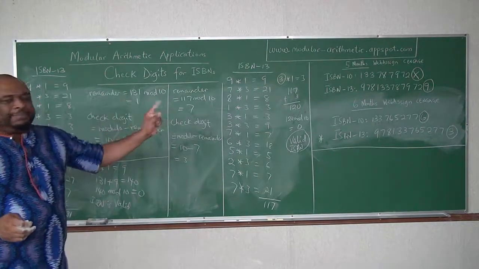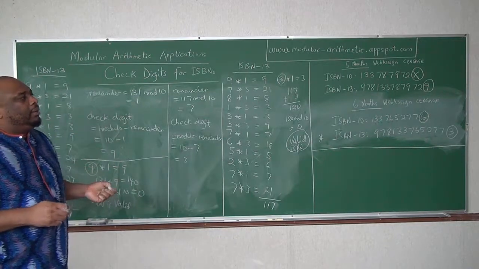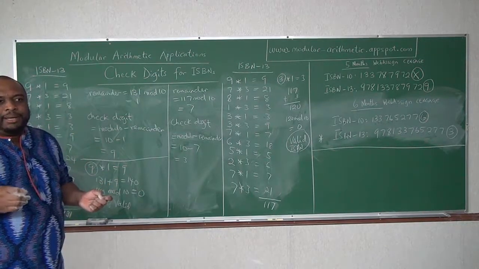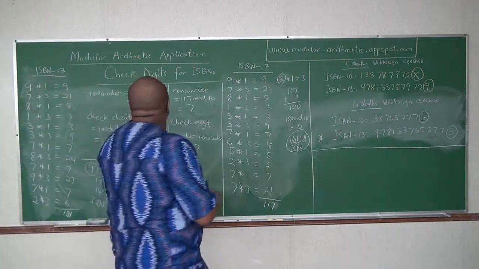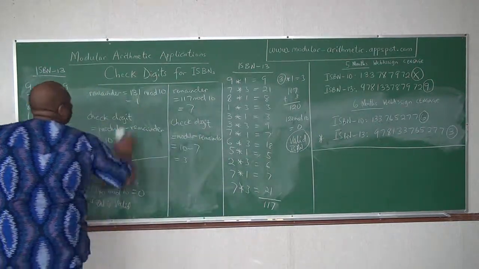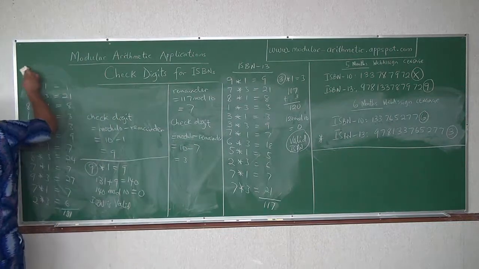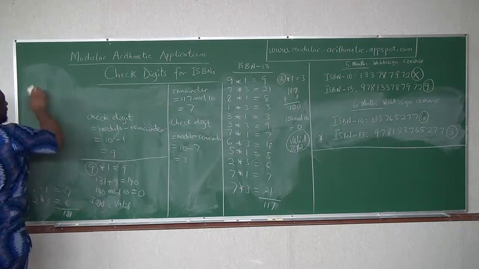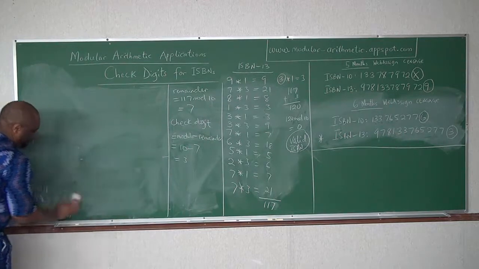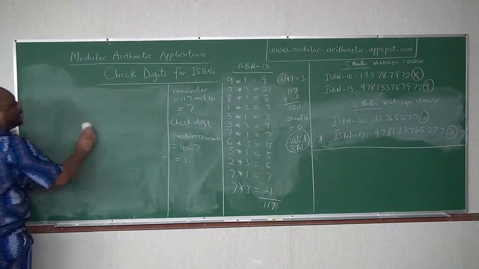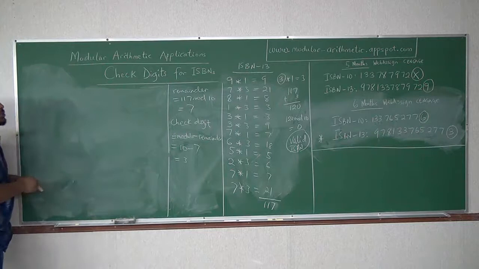For ISBN 10, I don't know whether you guys remember, we can figure out what we did. For that first 9, what sum did we get? I'm going to use the first method because I like the first method.